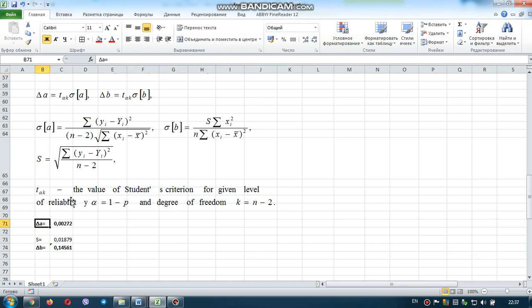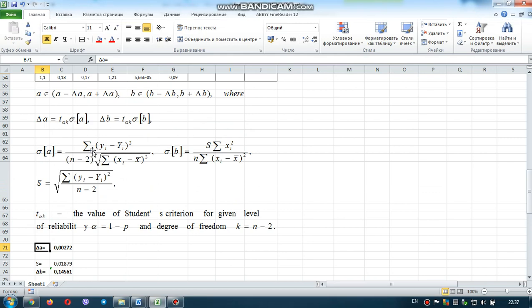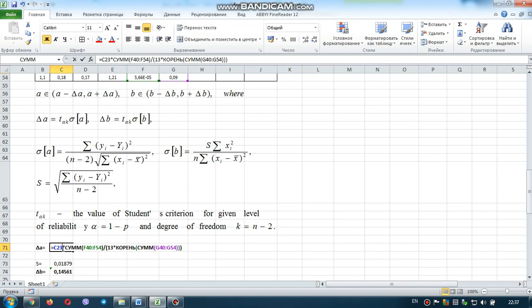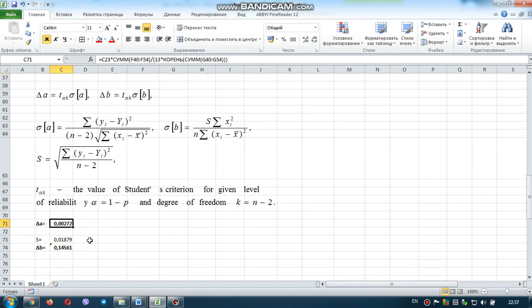Be attentive with these formulas and inputting this formula into cell. So we have already calculated the delta A value. Then we calculate the delta B value. To determine the delta B value, we have to estimate the S value. S value is calculated by this formula.